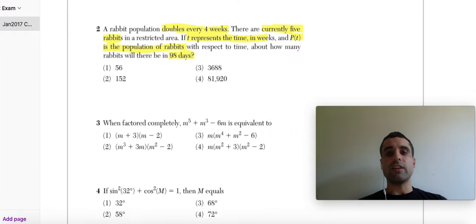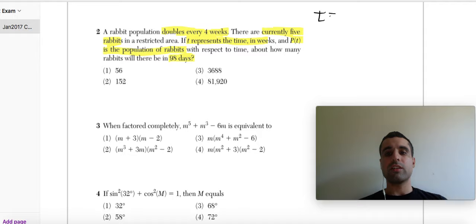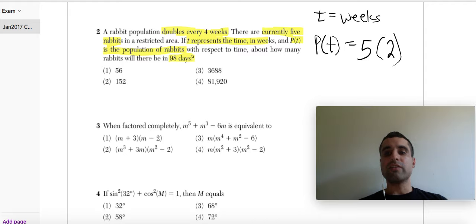So first thing, guys, t is the weeks, and P of t is the population. They said that we started with 5 rabbits, that's the initial amount, and then it doubles, but it doesn't double every week. When it doubles every 4 weeks, P of t will be equal to 5 times 2 to the t over 4. If it's every 4 weeks, then we have to have 4 in the denominator of this exponent.